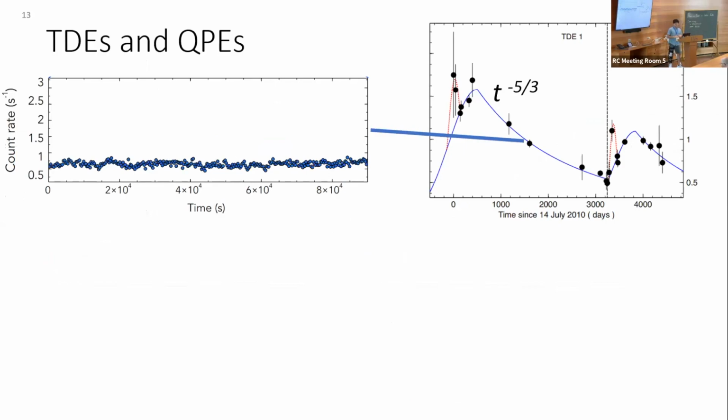Okay, so the second part of my talk is going to focus on the observational connection that points very suggestively towards a connection between TDEs and QPEs. Like I had mentioned earlier, the initial interest in GSN 069 stemmed from it being an X-ray TDE candidate.